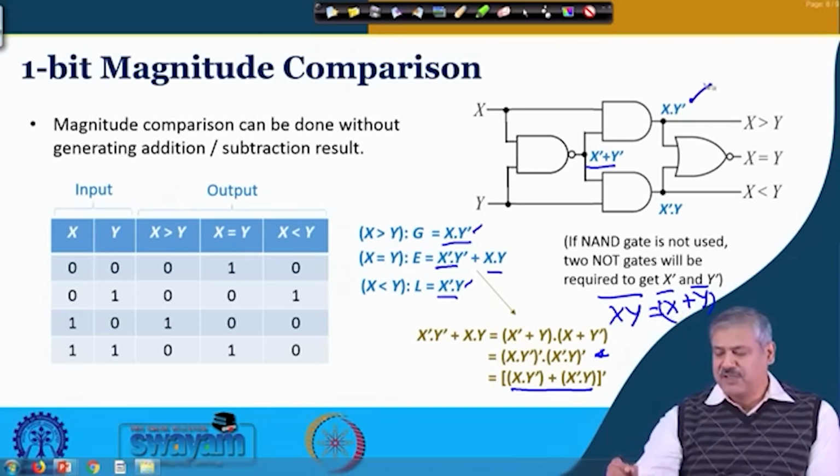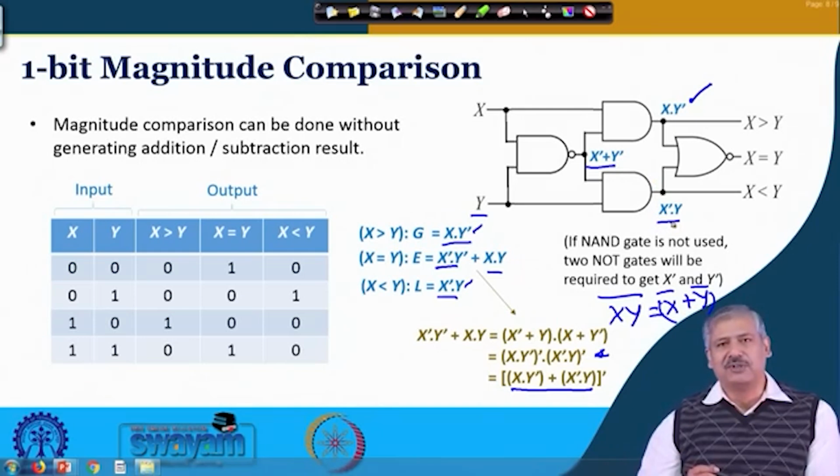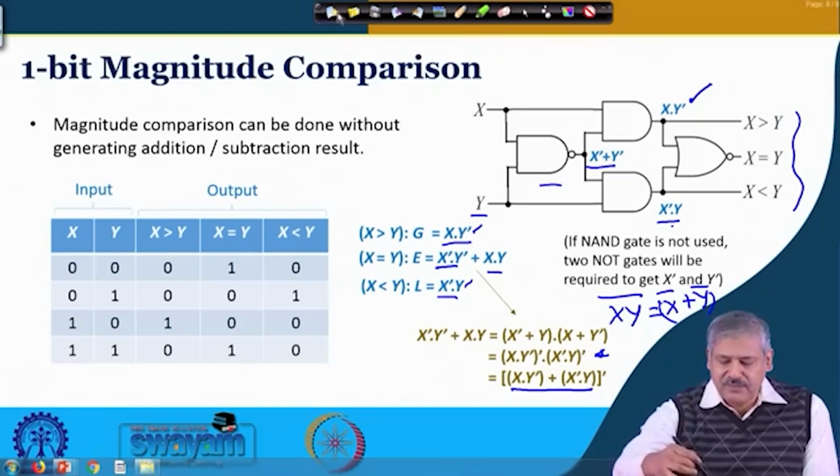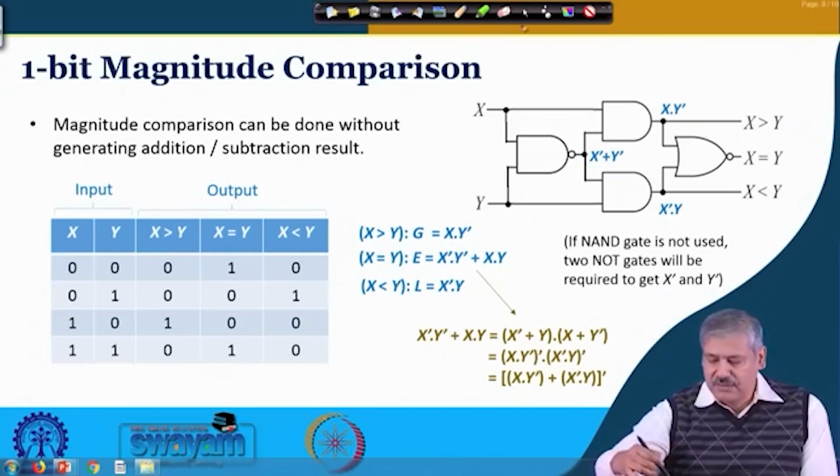So, x y prime will be generated here, and if you AND y with that, x prime will be generated and y prime will become 0. So, we can get this generated. You do not need the additional two NOT gates; rather, one NAND gate will do. So, by this we can get this made. Clear? So, that is for 1 bit comparison.